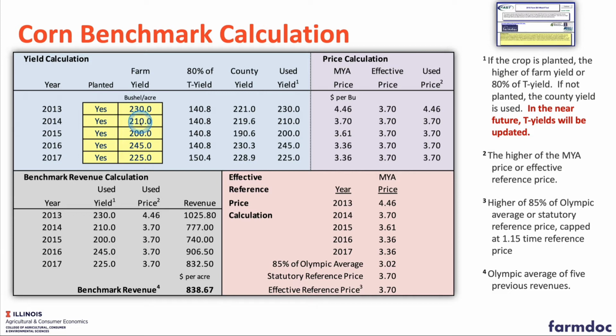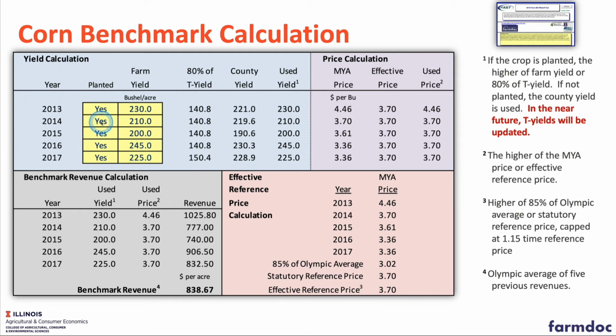Enter those here, and essentially you use the farm yield times a price, which is either the market year average price or the effective reference price, whichever's higher. Multiply those together, and then the benchmark revenue for corn will be the Olympic average. Throw out the high, throw out the low, and then you get the benchmark revenue. That's all based on your farm yield from 2013 through 2017.